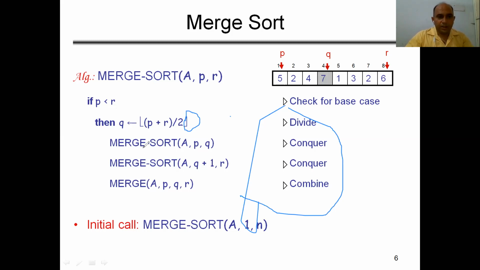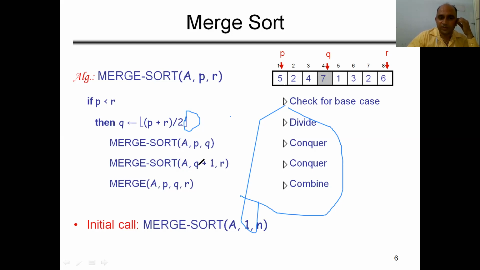Then we apply merge sort for array A. First index is P and last index is Q, because we have already calculated Q. This merge sort is a recursive step for the first half of the array, and this next step is for the next half, in which we sort using the merge sort algorithm.